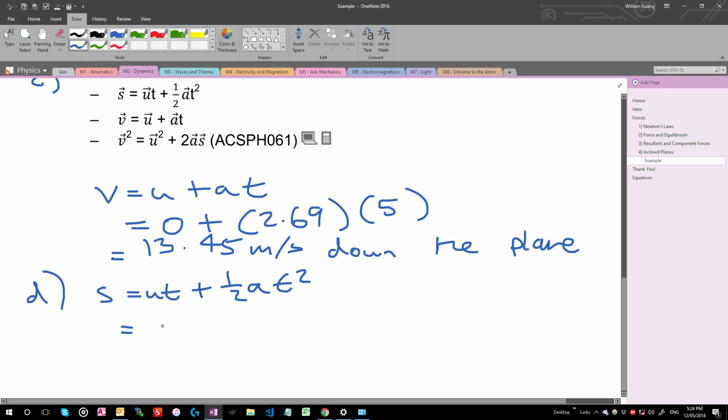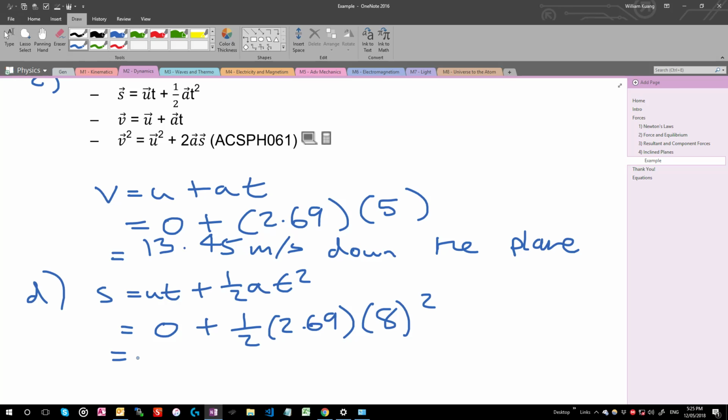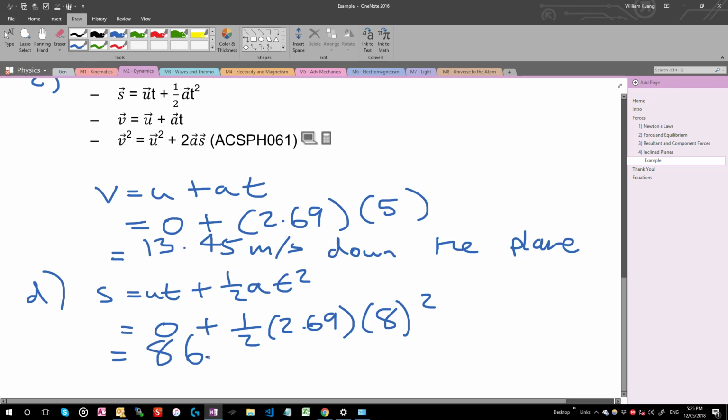Again, we make the assumption it has a 0 velocity, and then we have half times a, which is 2.69, and then t squared, which we were told is 8. Plugging this into the calculator, 0.5 times 2.69 times 8 squared, we get 86.08 meters.